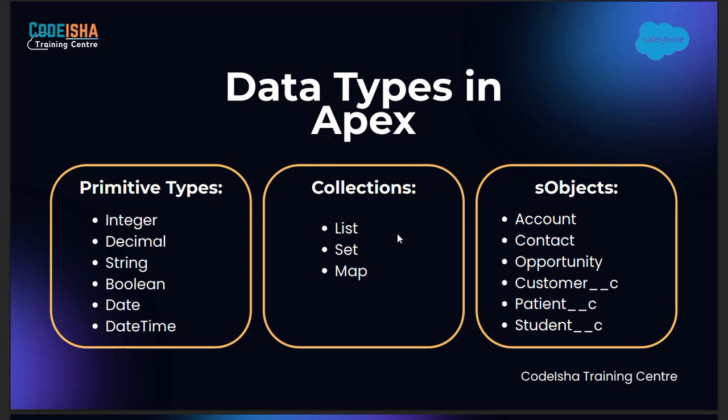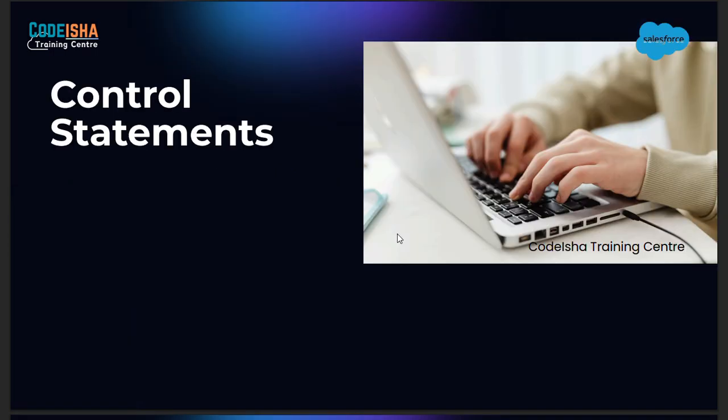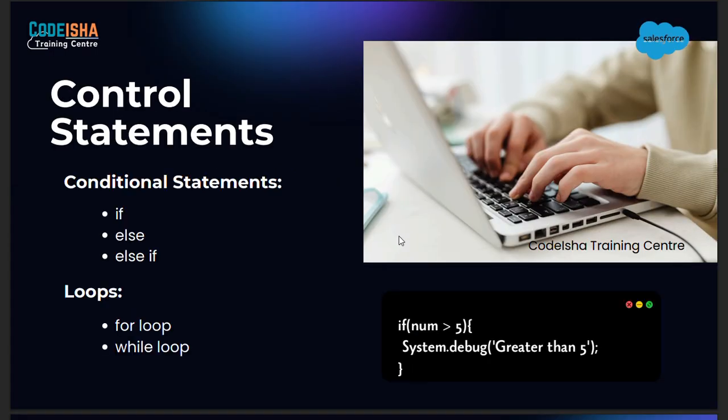Coming to the next one, control statements. We have if and else conditions, and else if conditions, and loops like for loop and while loop, and also switch statements. Here is a simple syntax.